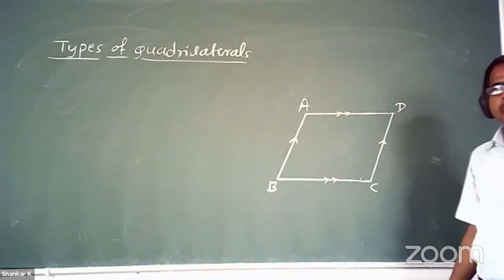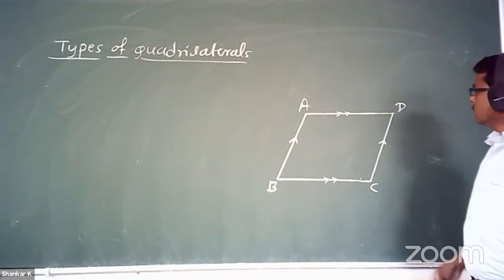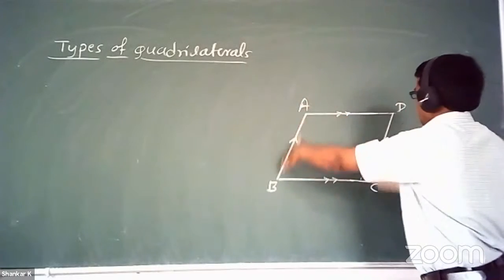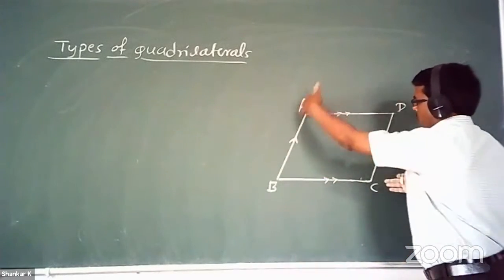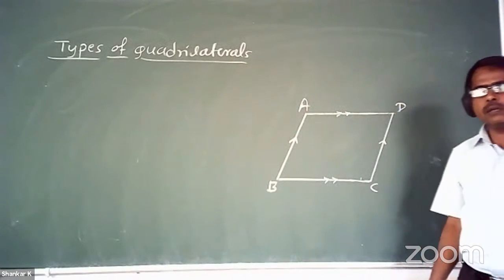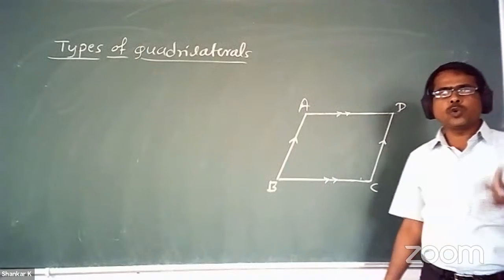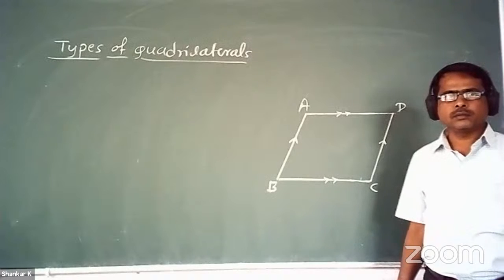Okay. What do you mean by parallel lines? Can you tell me? The lines which never meet. For example, if we produce AB and CD, they never meet. For example, in your home, two rods of a window are parallel.